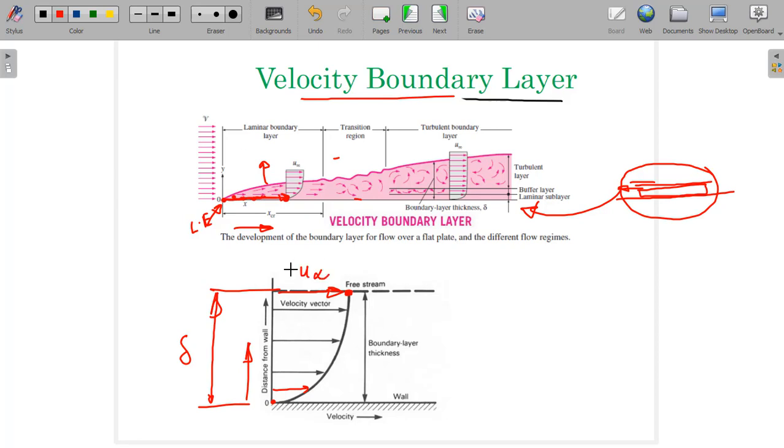Generally it is taken as 99% of the free stream velocity. The point where it reaches is the edge of the boundary layer at that position, and this thickness is called the boundary layer thickness, symbolized as delta. In this way, all these points are the thickness of the boundary layer at different locations.